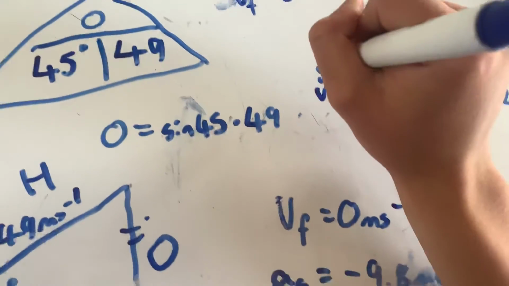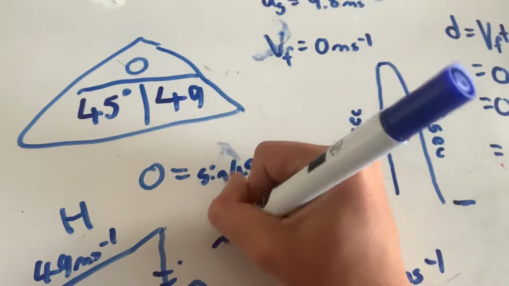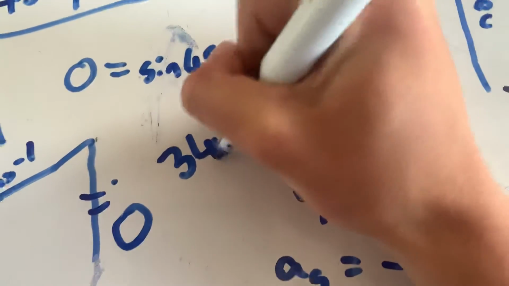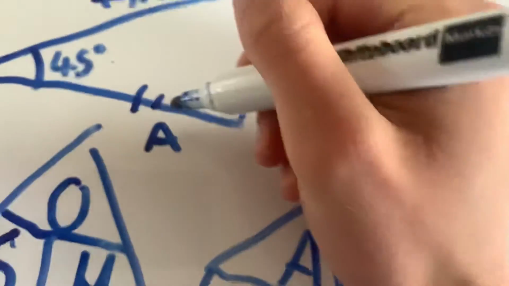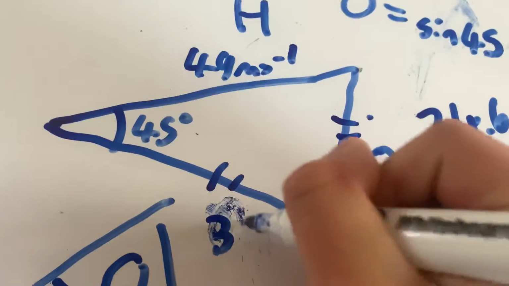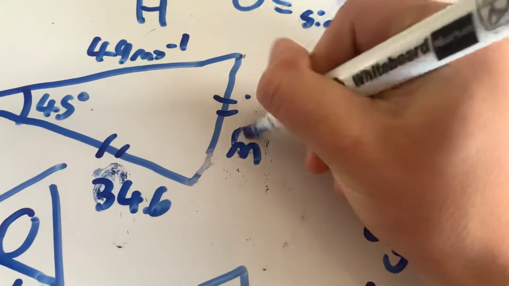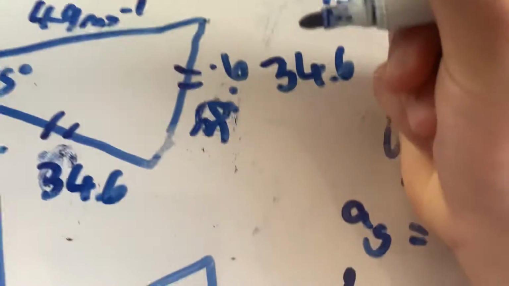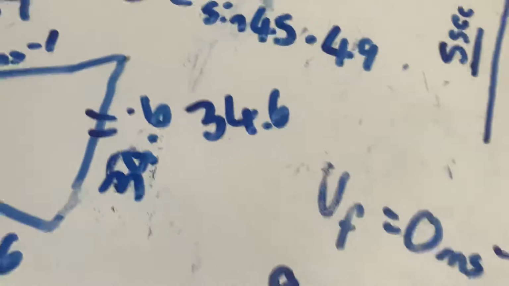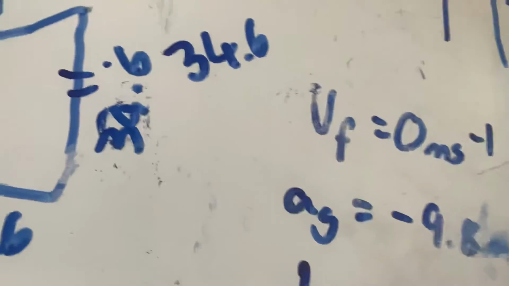So if we put that in a calculator, it will give us 34.6. And that's the side lengths of this triangle. So this is 34.6 and this is 34.6. Okay, now this is the first step.